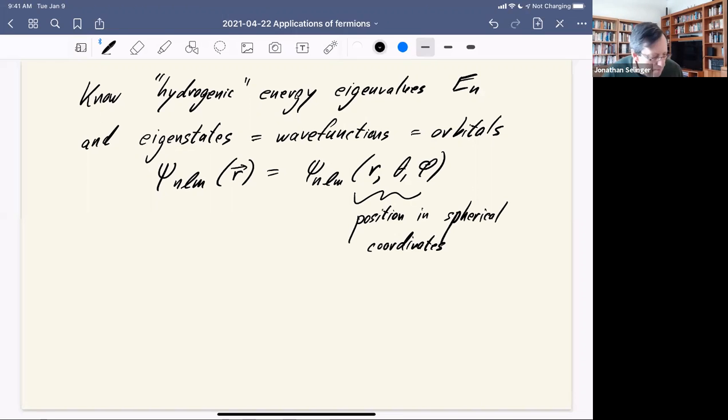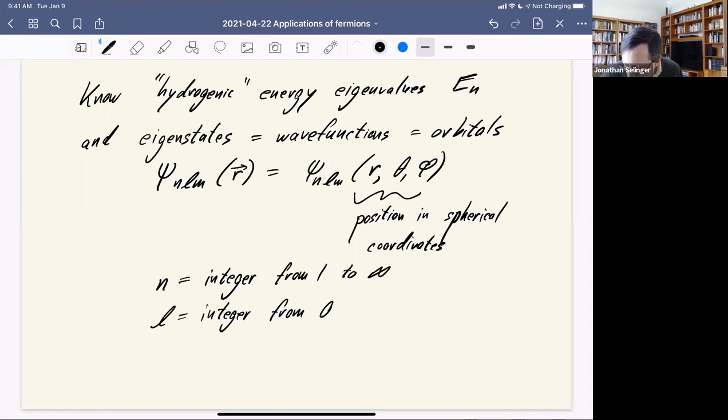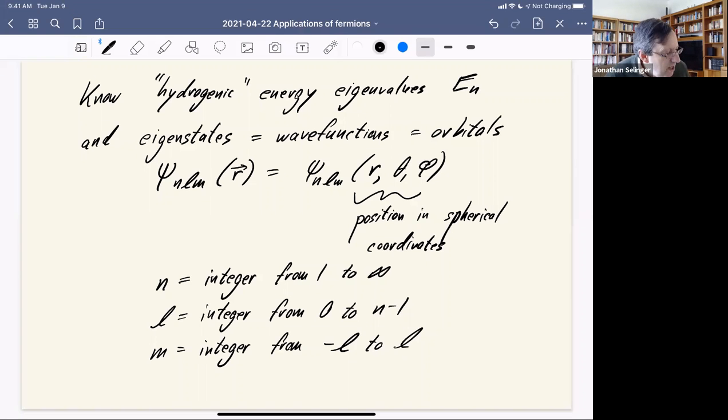Okay, and in this numbering scheme, n is an integer from 1 to infinity, and L is an integer from 0 to n minus 1, and m is an integer from minus L to L. And the E sub n, the energy eigenvalues up there, I guess I should write that out too.